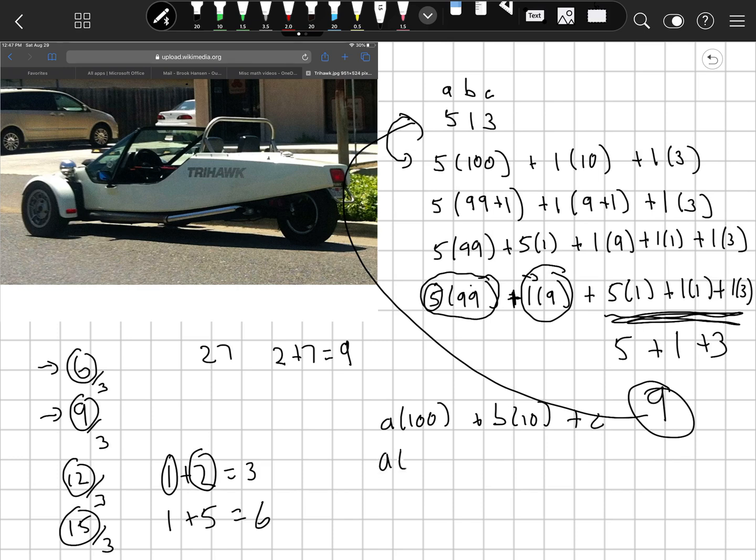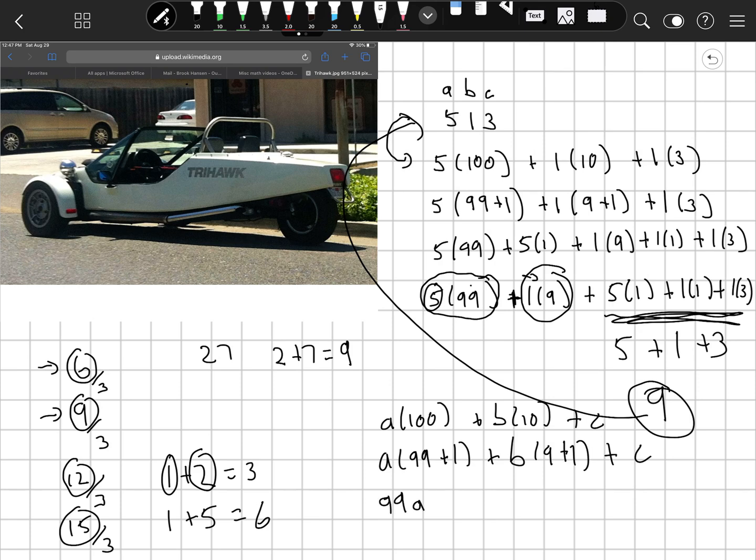Okay, we're going to do the same thing. A times 99 plus 1 plus B times 9 plus 1 plus C.